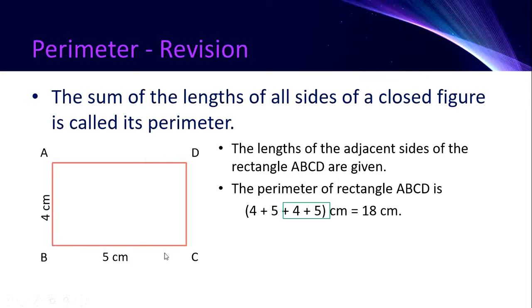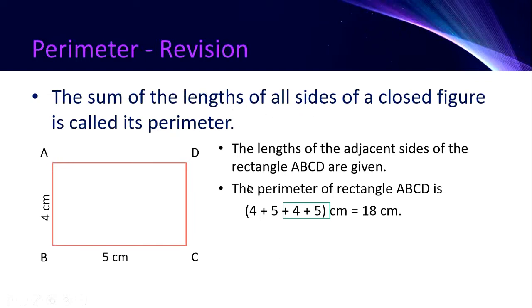We have to find the perimeter of this rectangle. How do we find out the rectangle's perimeter? We will have to add the lengths of each side. As the definition states, we have to find the sum of the lengths of all the sides.